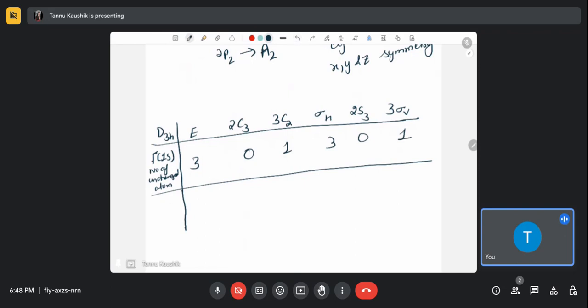So by solving with the help of the reduction formula, we will find out that it is equivalent to A1' plus E'.